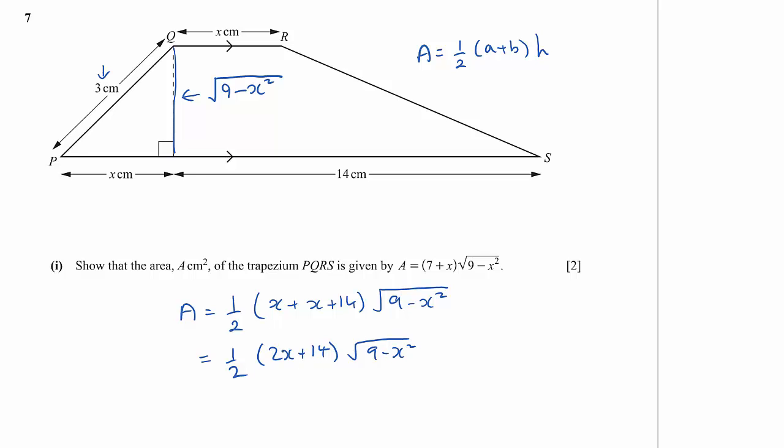And of course we can factorize 2x plus 14 to give us 2 times x plus 7. And so the 2 coming out would cancel with a half. And therefore we have x plus 7, the square root of 9 minus x squared, which is exactly equivalent to what we've got here.